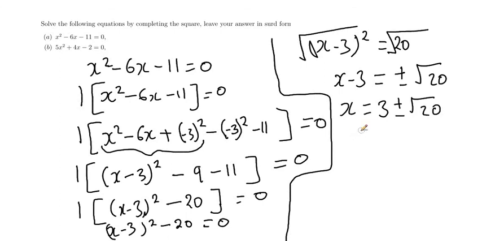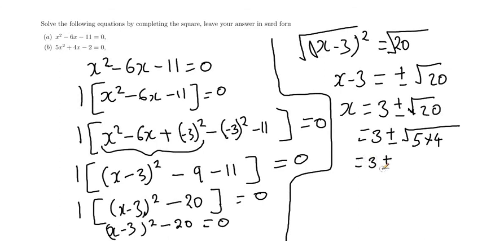This means that, of course, we can simplify this one a little bit further. Plus or minus, we know that 20 can also be written as 5 by 4.